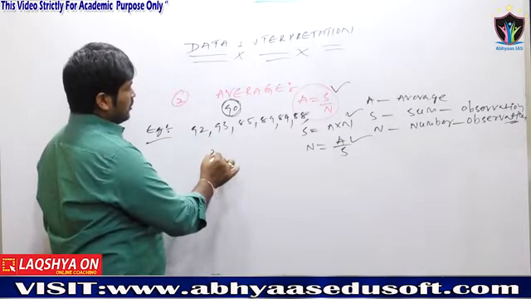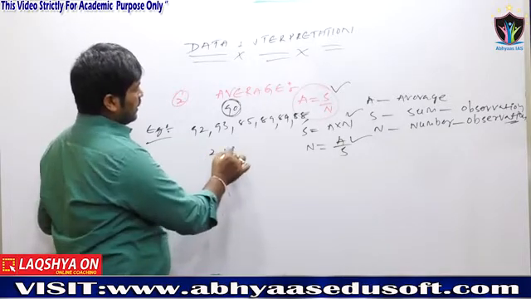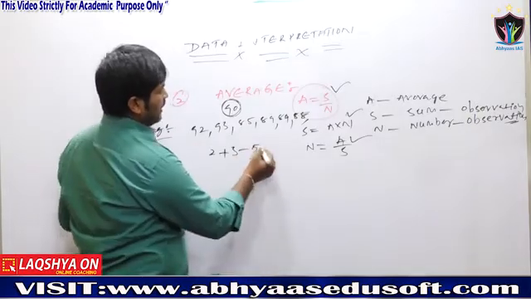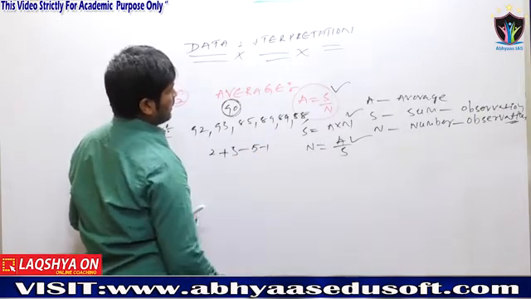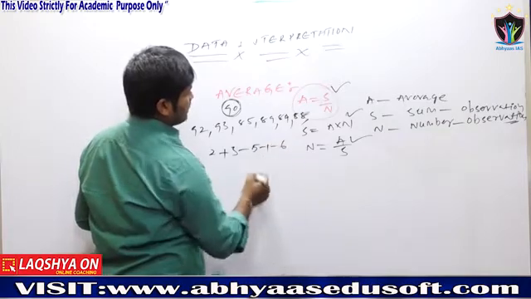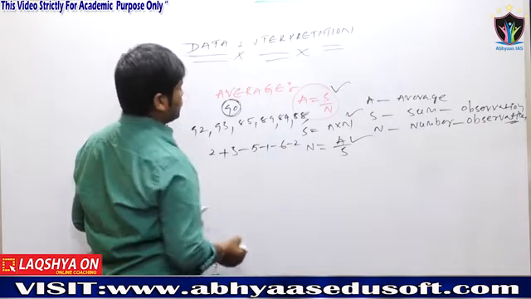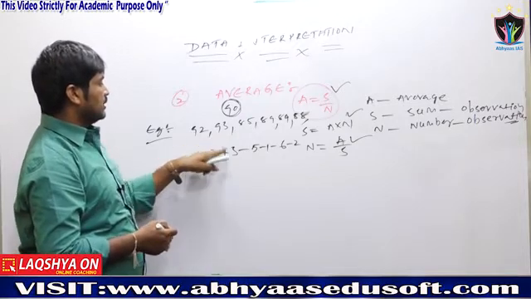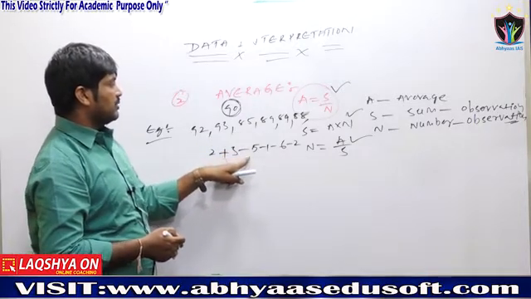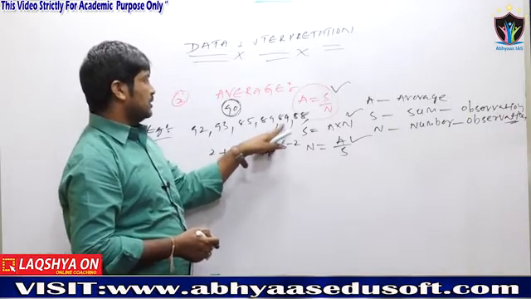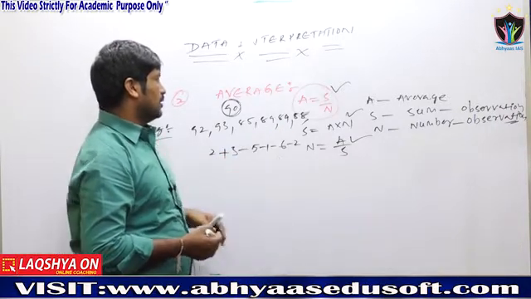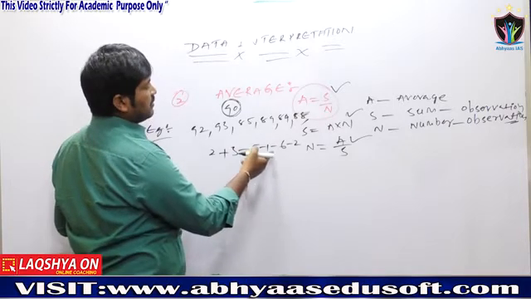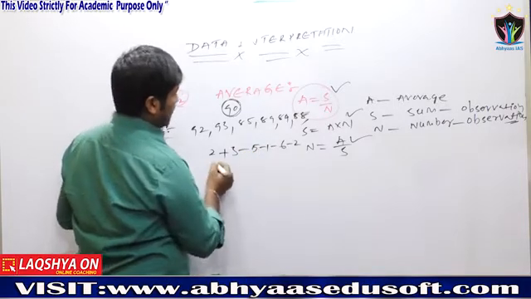This is plus 2, this is plus 3, this is minus 5, this is minus 1, this is minus 6, and this one is minus 2. Once again you can check it. Minus 5, minus 1, minus 6 and minus 2 are less.